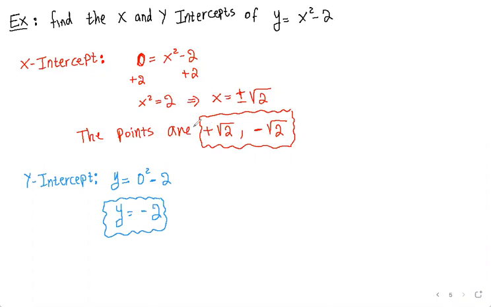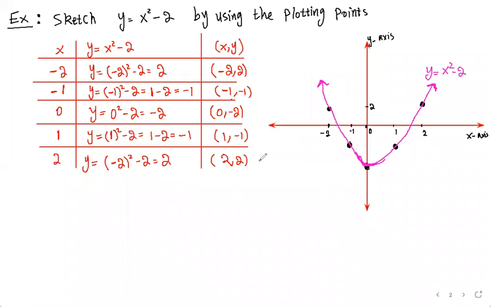So let me show you what it looks like in the graph. I know the graph for this one, y equals x squared minus 2. This is the graph for the equation. So the x-intercepts: this is the first point, and this is the second point.